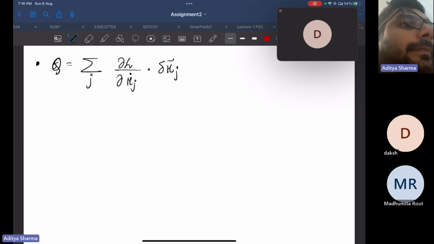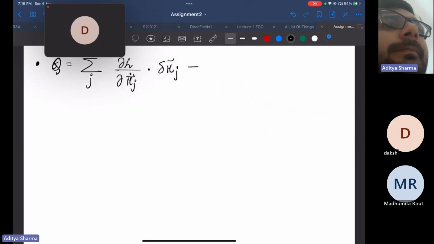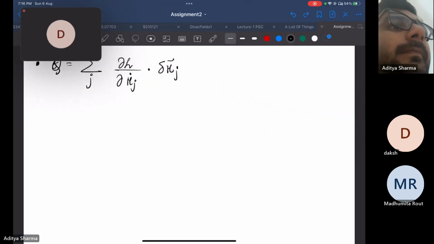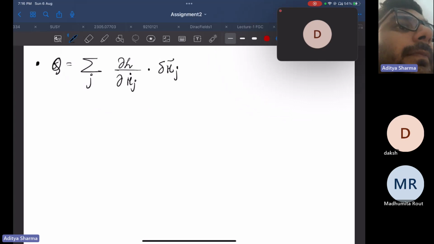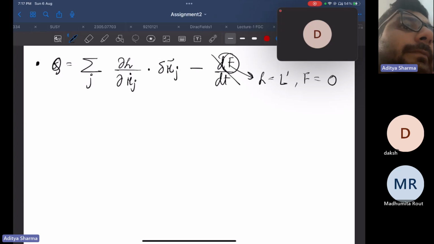Minus, I'm so sorry, there is minus this d dt F quantity. In this case, L is equal to L prime, so F is 0. Okay, so this term is not there.